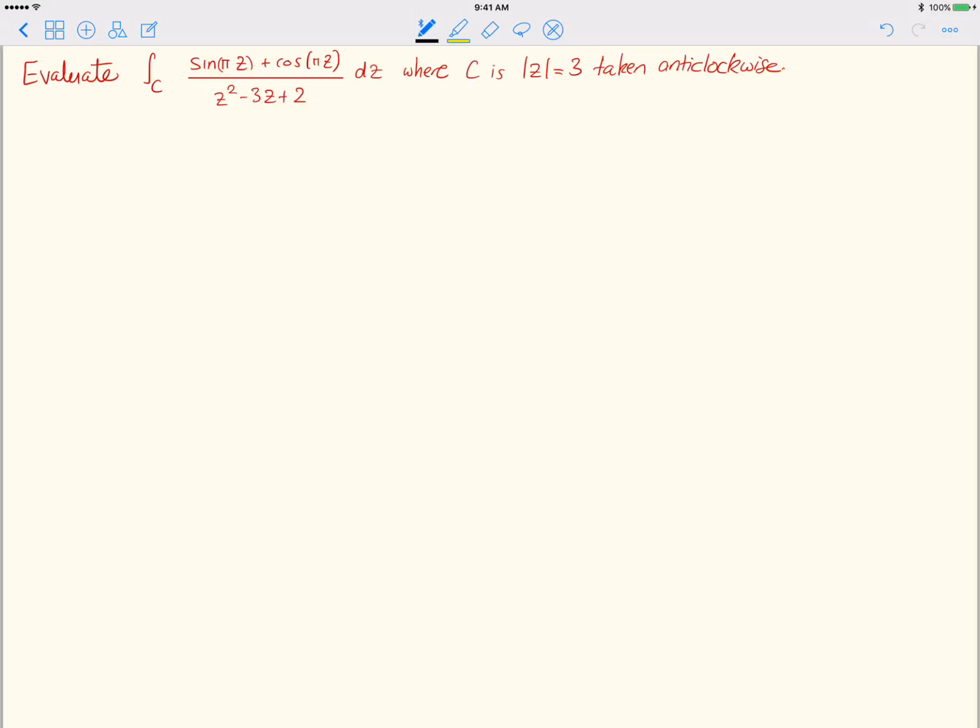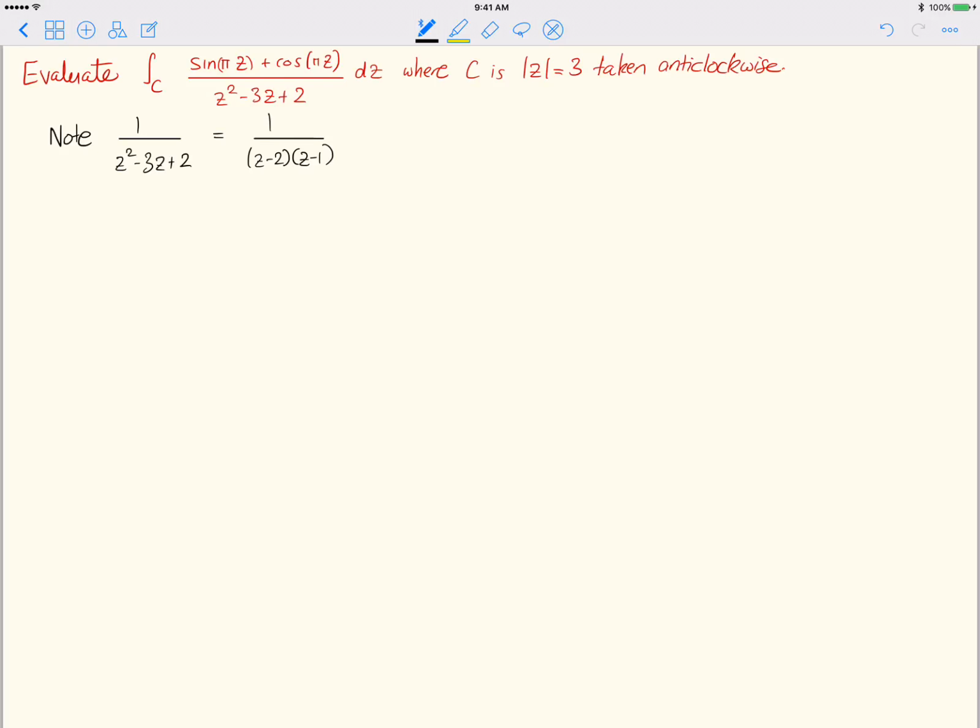So firstly, note 1 on z squared minus 3z plus 2. Okay, if you factorize that quadratic, you're going to get z minus 2, z minus 1.